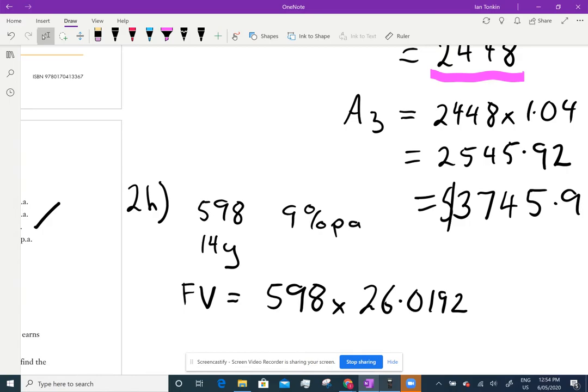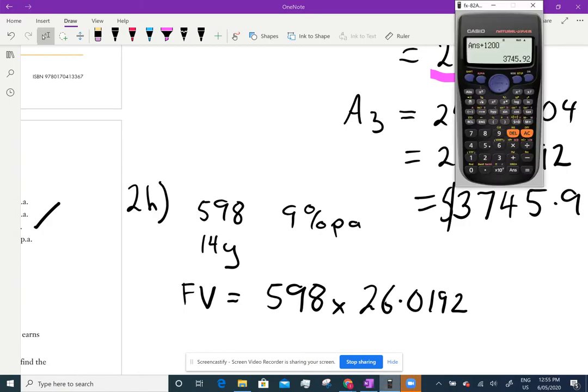So once I've got that number, I just multiply 598 times 26.0192. Holy dooly. We're going to go to the nearest cent, so it's going to be 0.48.